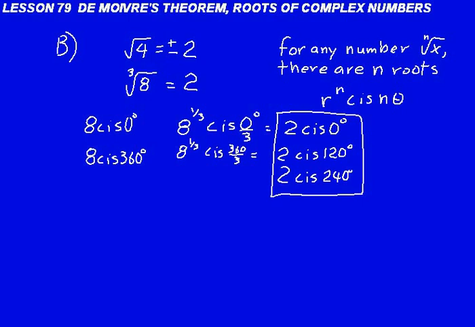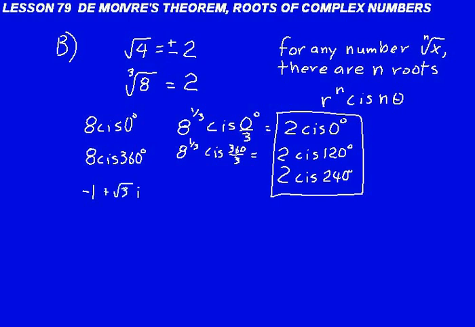Let's think about this and let's try to prove that is true. Let's just take 2 cis 120 just so you can see that this really does work and you do get another root. 2 cosine 120 would be basically -1, and then 2 sine of 120 would be a positive square root of 3.